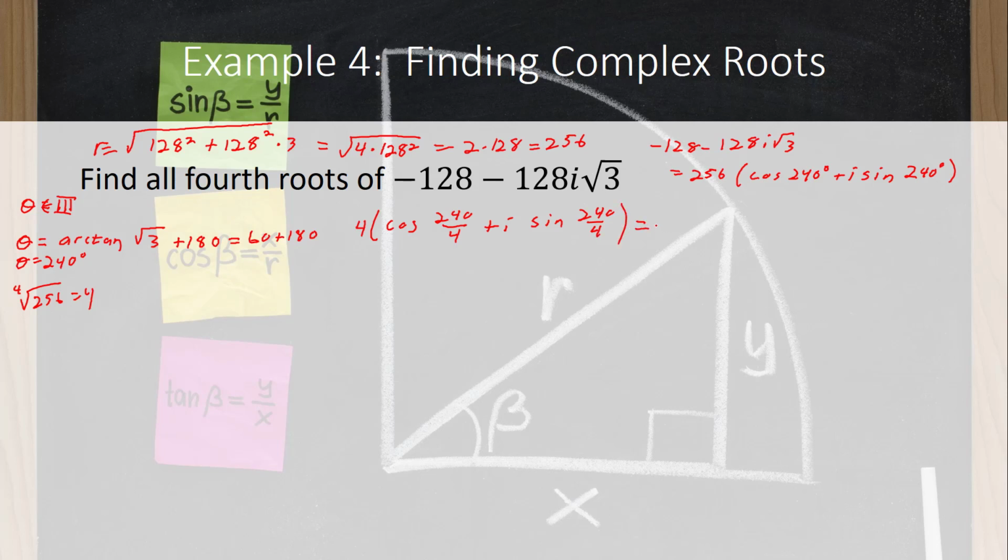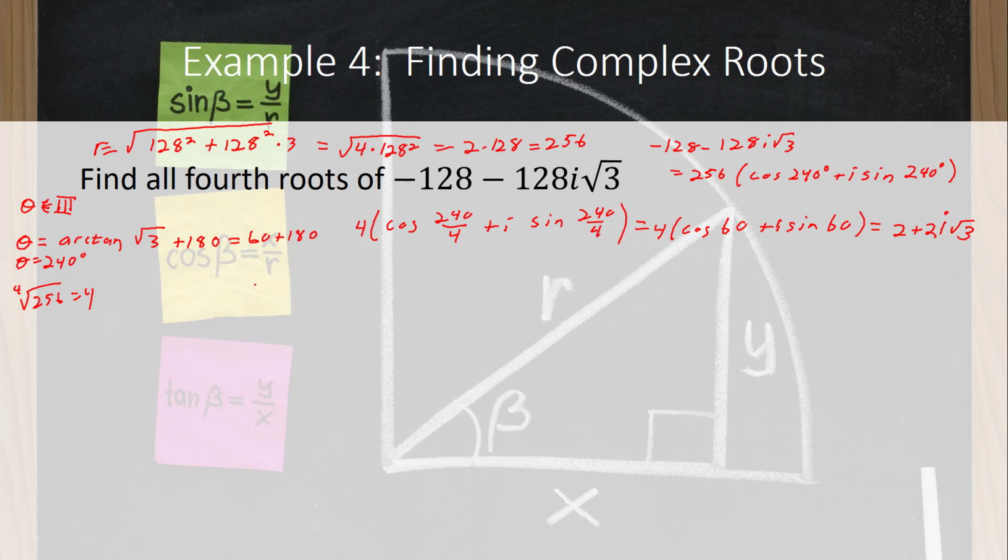That is going to be equal to 4 times the cosine of 60 plus I times the sine of 60. And that will be equal to 2 plus 2I times the square root of 3. That should be an I.